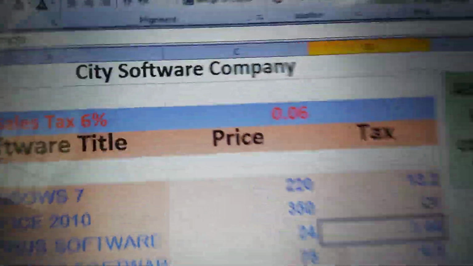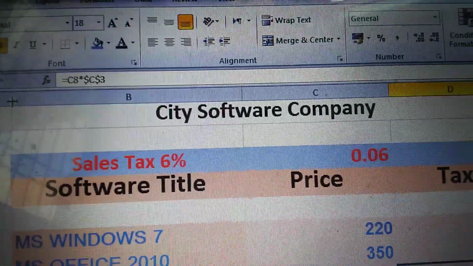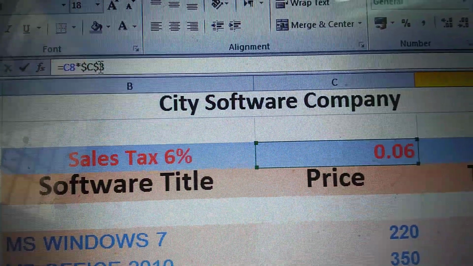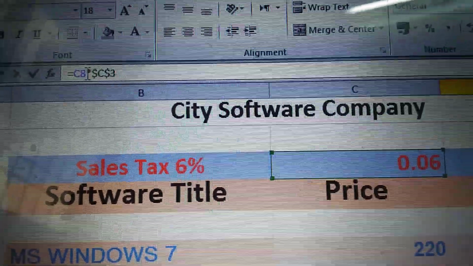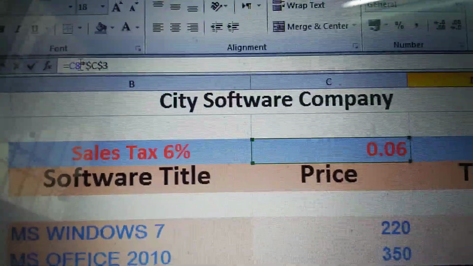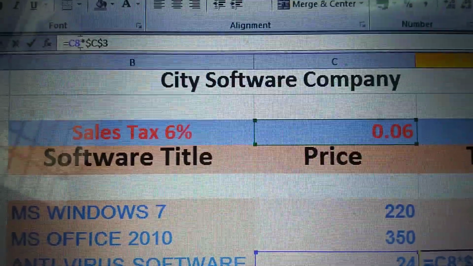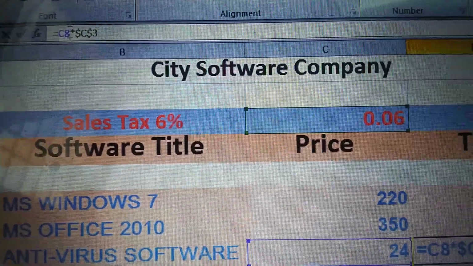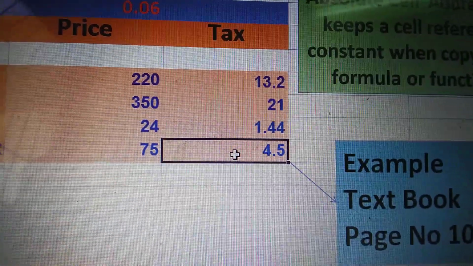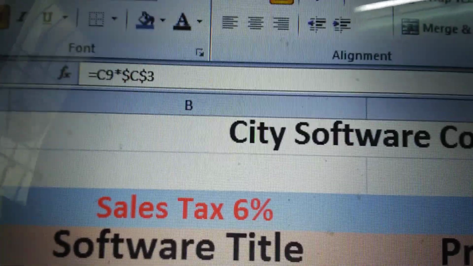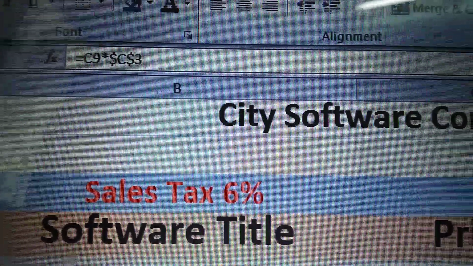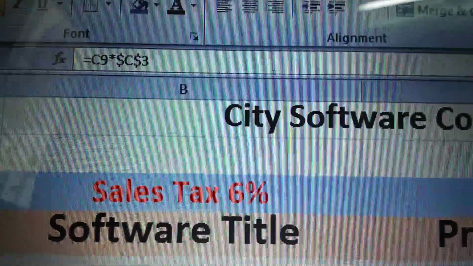So over here also the formula is the same, but we have changed to C8; before it was C7. For the next value we will have C9, and over here we have C9 multiplied by $C$3.